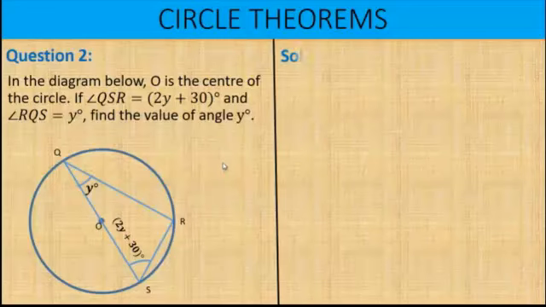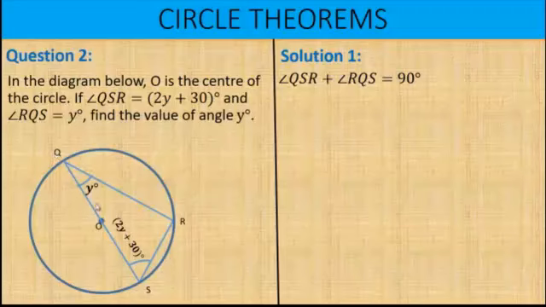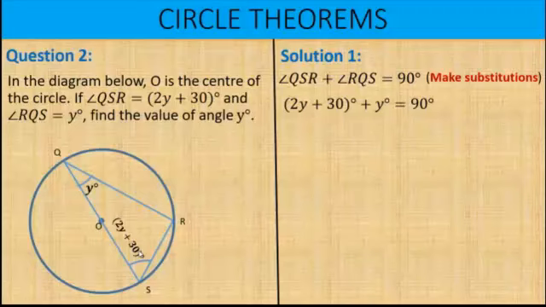So let's do that. Solution 1. Angle QSR plus angle RQS should give us 90 degrees. So we add the base angles and equate to 90 degrees by substitution. We get bracket open 2y plus 30 bracket close degrees plus y degrees equal to 90 degrees.